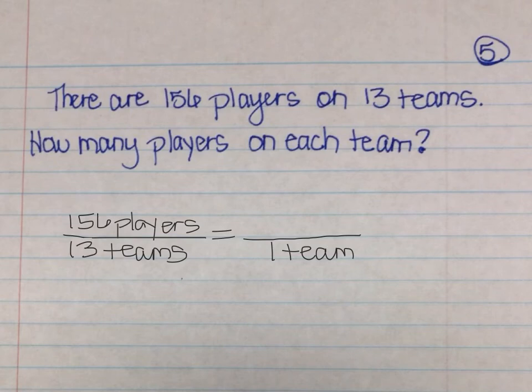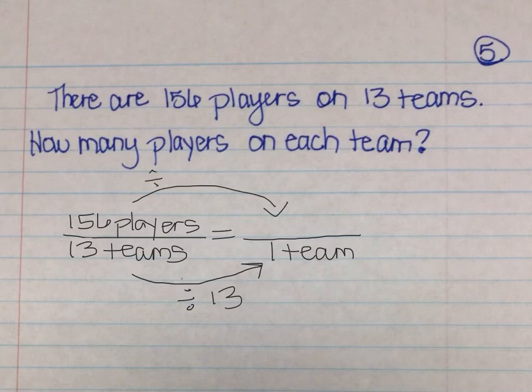Okay, if you want, you can pause the lesson and then try it on your own. That would be a really great idea. Okay, so to get from 13 to 1 team, we divided by 13. So we're going to have to do the same here.